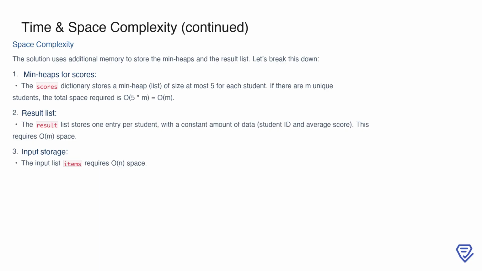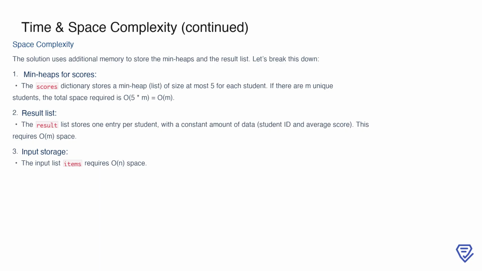The space usage comes from 3 main components. First, we use a dictionary to store the min heaps associated with each student ID. Since each heap stores at most 5 scores, and there are m unique students, the total space used by the min heaps is 5*m, which simplifies to O(m). Second, the result list, which stores the final averages for each student, requires O(m) space as well, because it contains 1 entry per student.